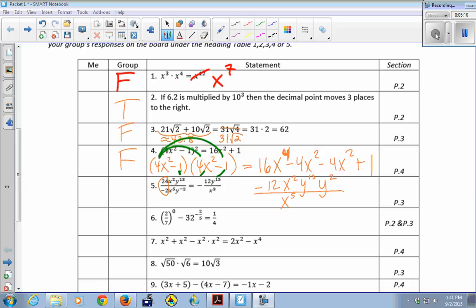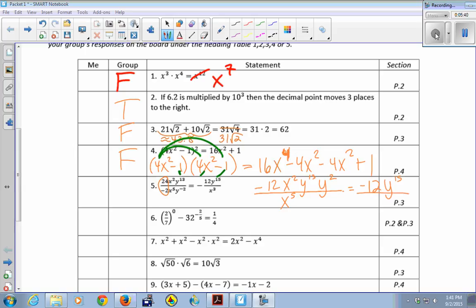I would add those exponents. So I have negative 12. I'll leave the x for now. I've got a y to the 15th over, and then x squared over x to the 5th.